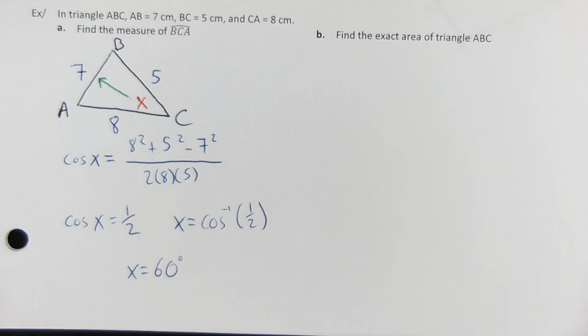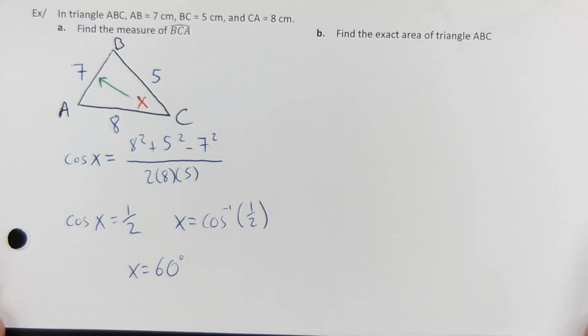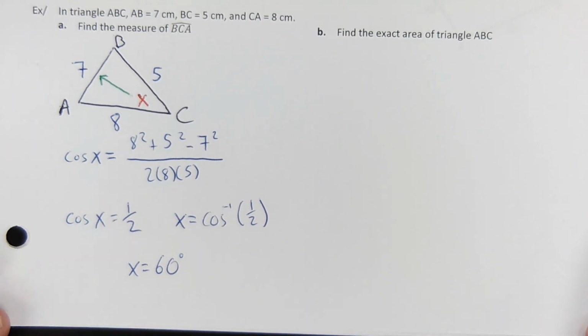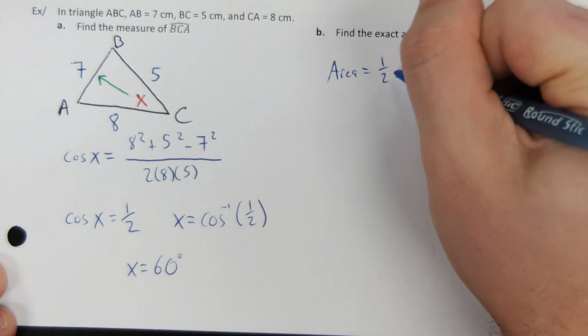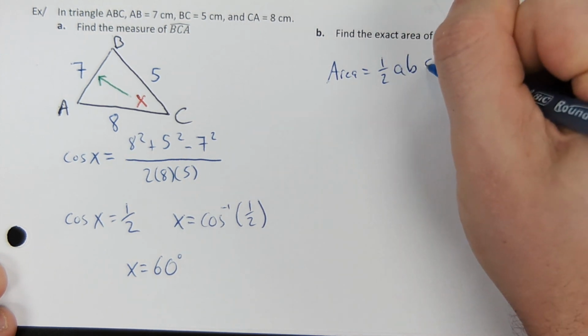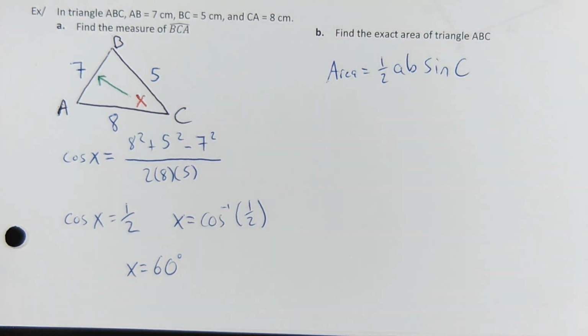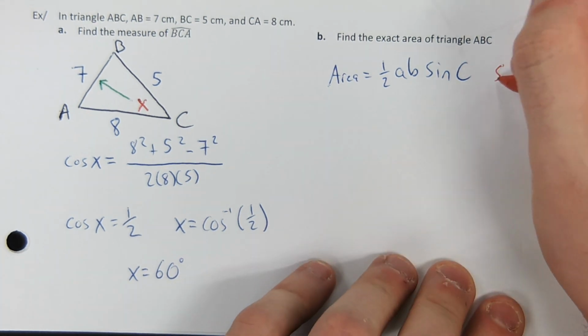Part B of this question says find the exact area of this triangle. Hey, that's yesterday's material. Remember? Area equals 1/2 ab sine C. And remember, again, the letters A, B, and C here are just placeholders for the formula. This requires you to use side angle side.